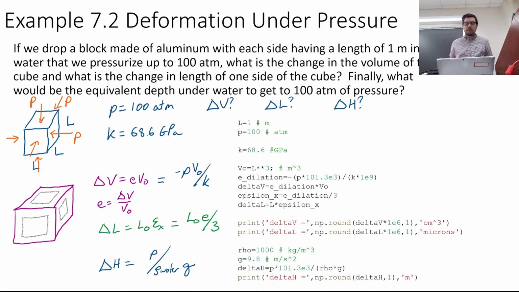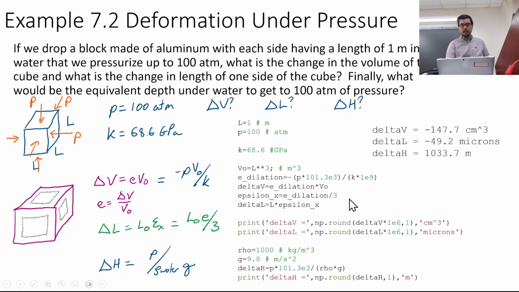If we plug in some numbers, what do we get? This is using Python. We plug all this stuff in, and in the end we get a change of volume of something in centimeters cubed. Another way to write centimeters cubed is milliliters.